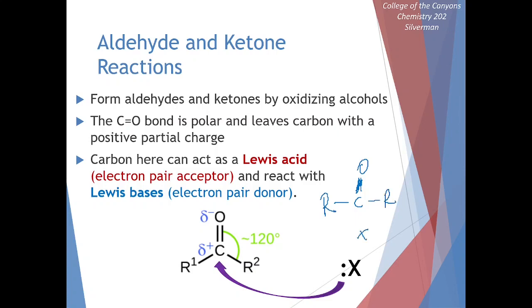And now this X that has come in is going to form a bond here as well. And as those electrons come in and form a bond, maybe some of these other electrons get pushed around. Maybe we end up with a slightly negative molecule because we've added some lone pairs here. But we can form a new bond between our carbon and this incoming molecule.